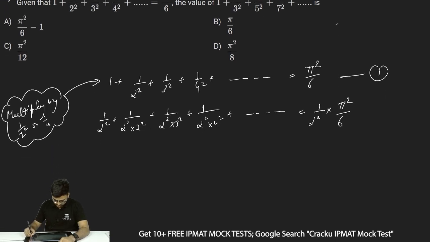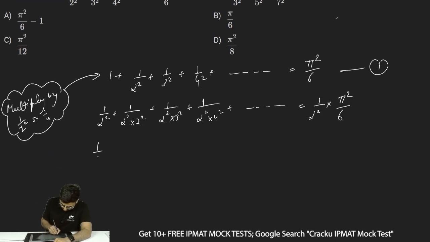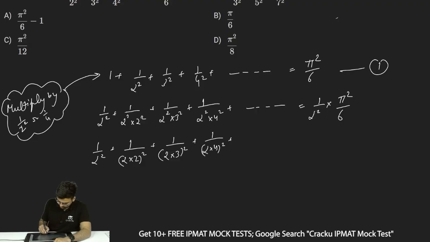Now we can write 1 by 2 square into 1 by 2 square as 1 by 2 into 2 whole square. Further, I can write 1 by 2 square into 3 square as 1 by 2 into 3 whole square, plus 1 by 2 into 4 whole square, plus up till infinite, is equal to pi square by 24.